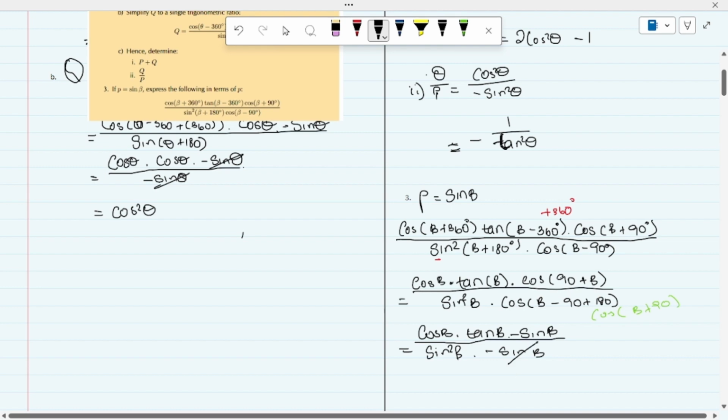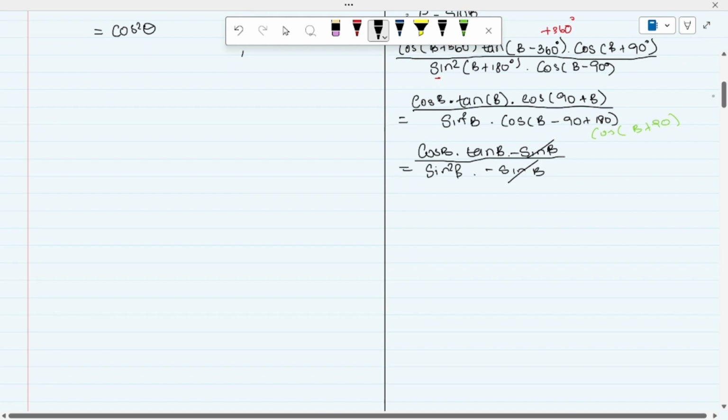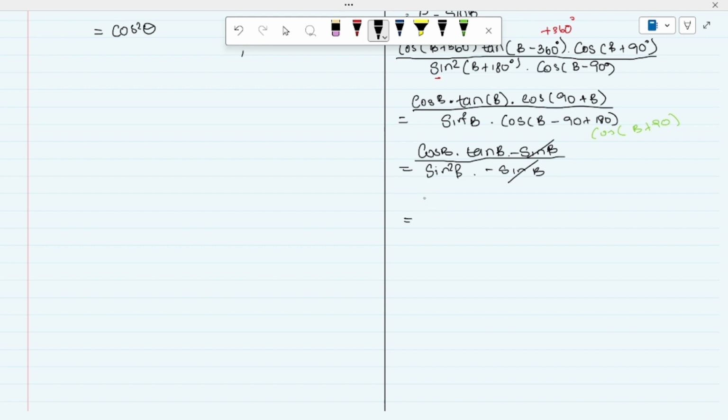Right, so these two will cancel each other out because one is in the numerator and the other in the denominator, right? And then you're going to be left with cos beta multiplied by sine beta over cos beta, and then over sine squared beta.